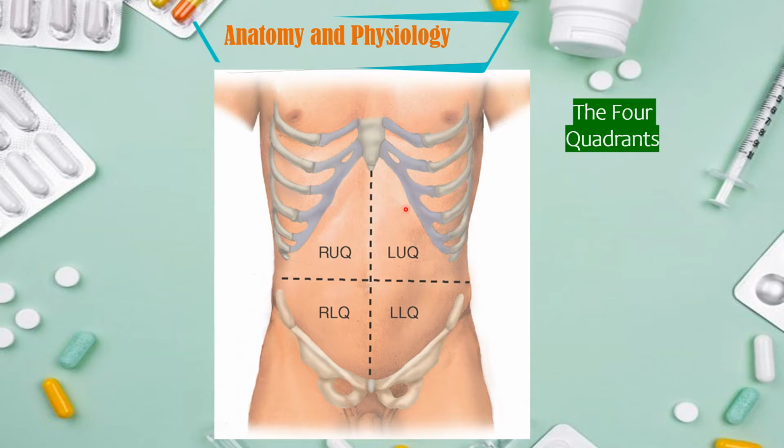For descriptive purposes, we divide the abdomen using imaginary lines crossing at the umbilicus, forming the right upper quadrant, the right lower quadrant, the left upper quadrant, and the left lower quadrant.